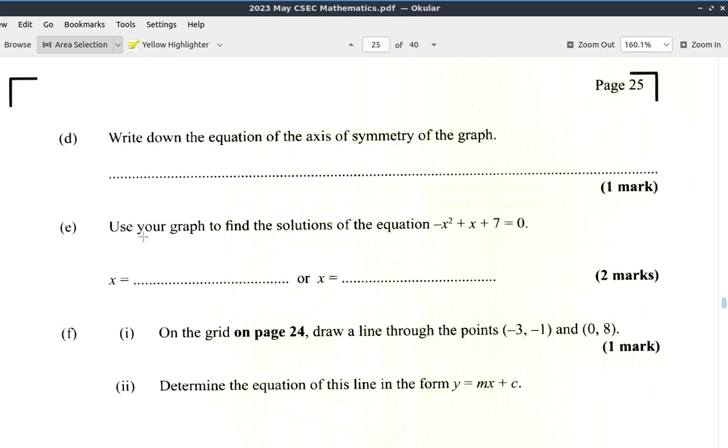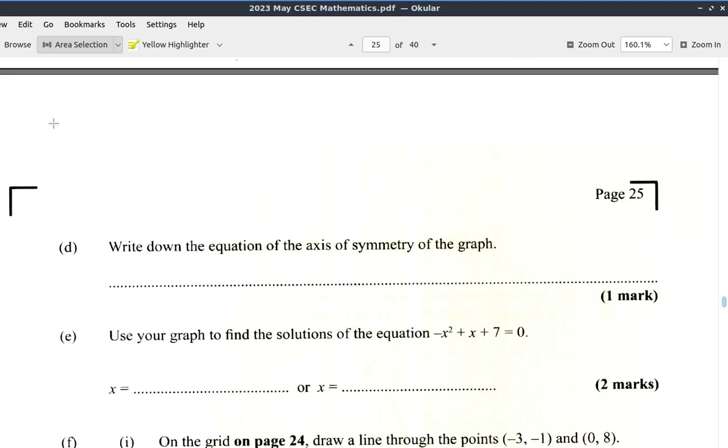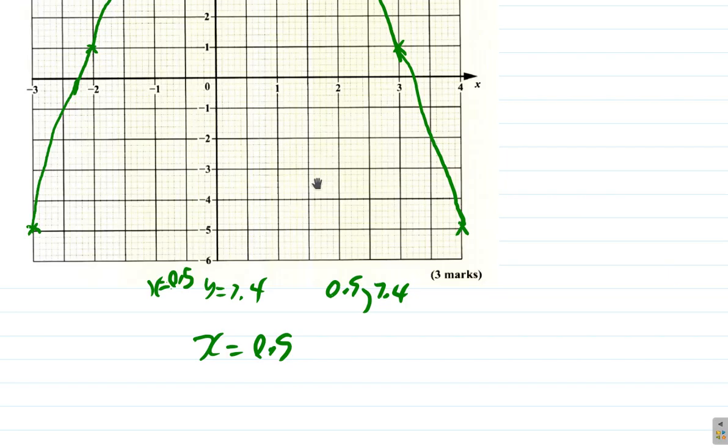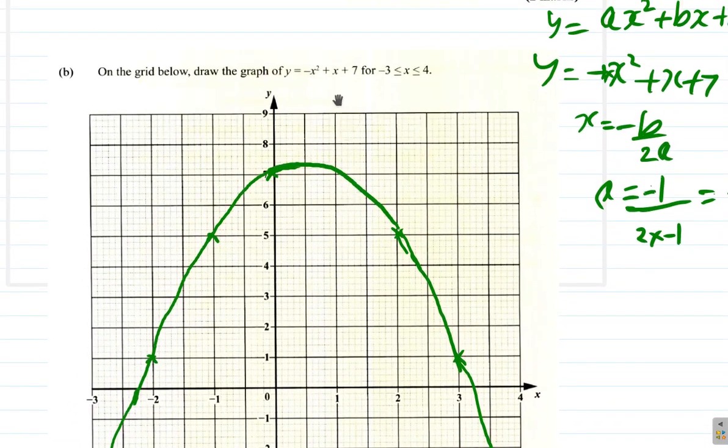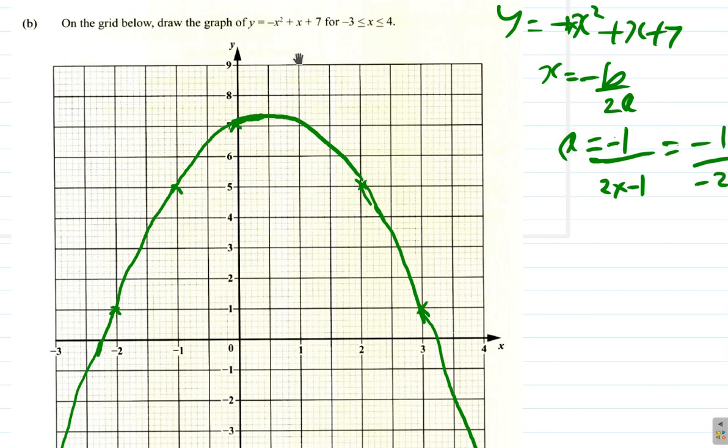Now, use your graph to find the solutions of the equation negative x squared plus x plus 7 equals 0. How will that one go? Here, the curve is of the equation y equals, let me write it down again.